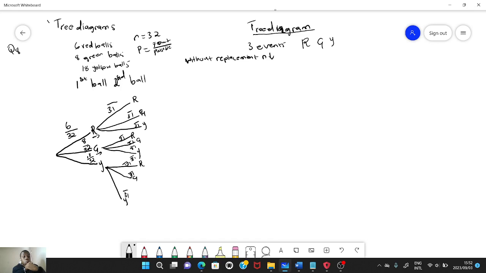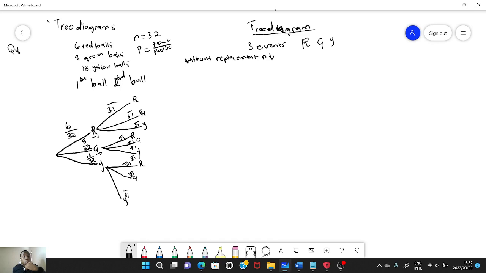So for the fact that I had 6 balls, what happens when I take one ball? I had 6 red balls, and then I took one red ball. How many balls will I be left with? I'll be left with 5 red balls. Now my probabilities change. I will have 5 over 31.